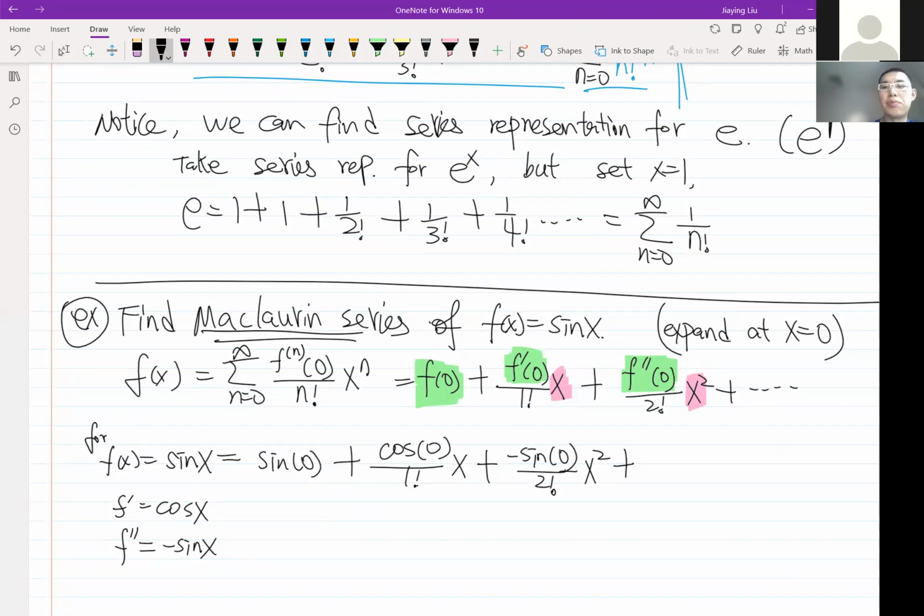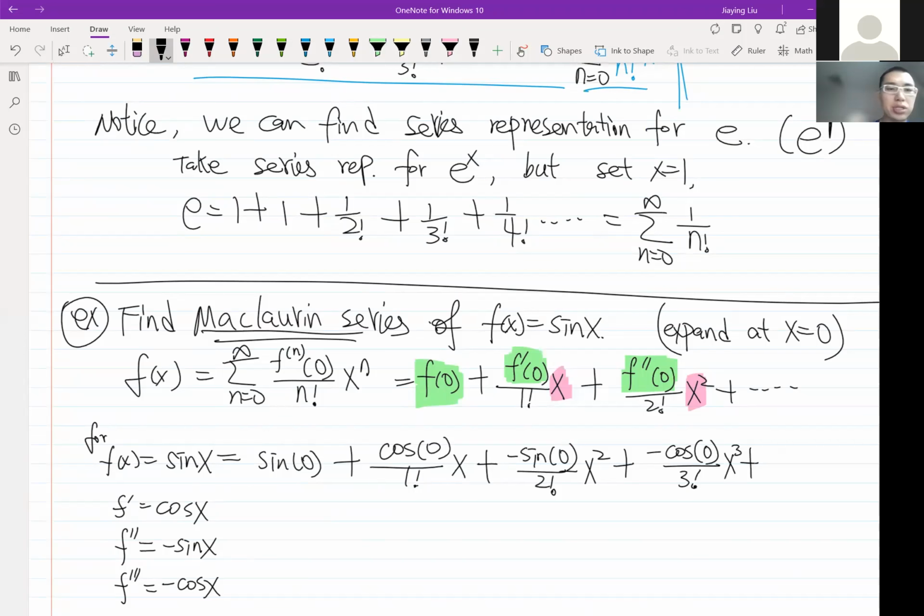And then the next term will be the third derivative of f, which is the derivative of negative sine, which is negative cosine x. So we get negative cosine of 0 divided by 3 factorial x cubed.